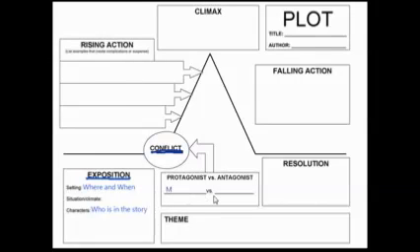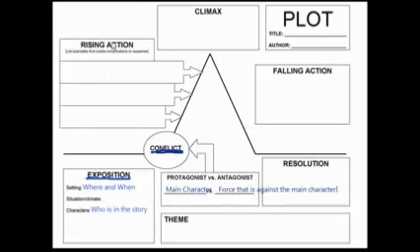The protagonist is usually the main character. And then the antagonist is the force that is against the main character. So this is the force that's fighting against the protagonist that is creating this conflict.